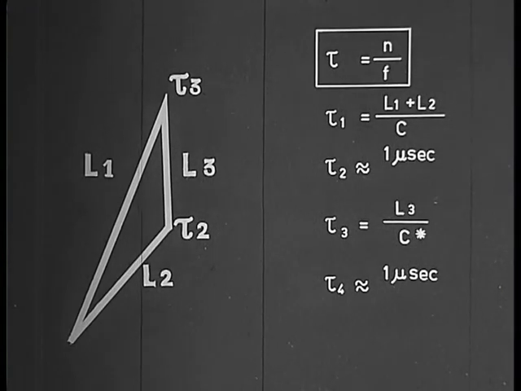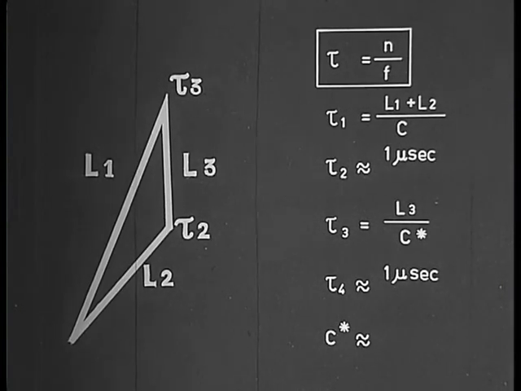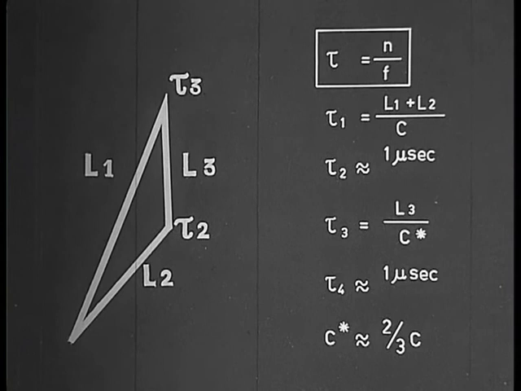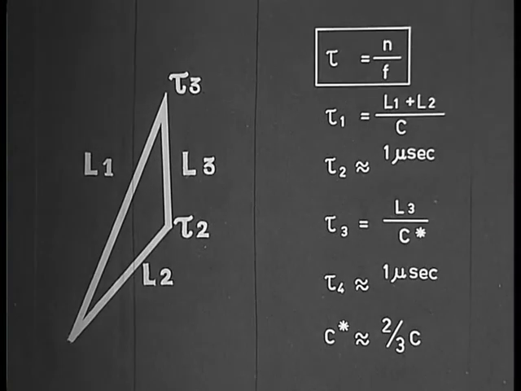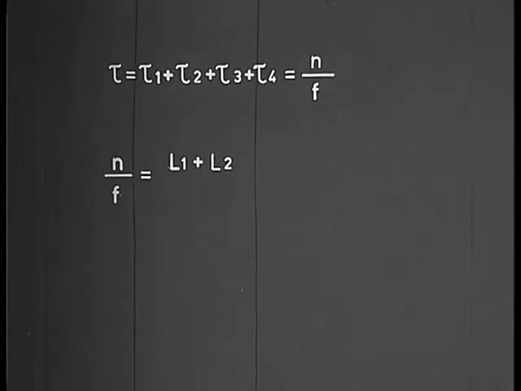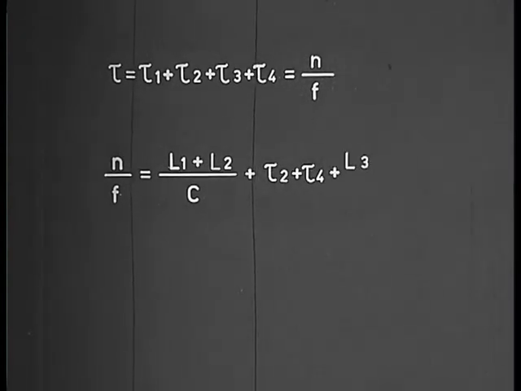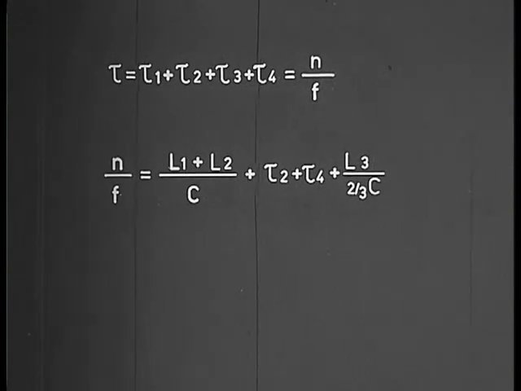So L3 is constant, and C asterisk equals approximately 2/3 C. Adding Tau 1, Tau 2, Tau 3 and Tau 4, we obtain (L1 plus L2) over C plus Tau 2 plus Tau 4 plus L3 over 2/3 C equals n over f.